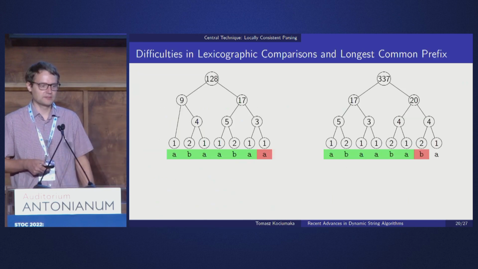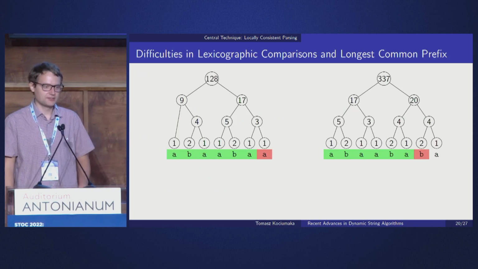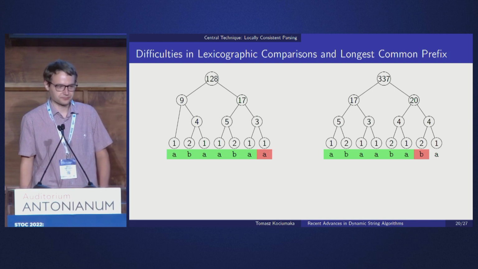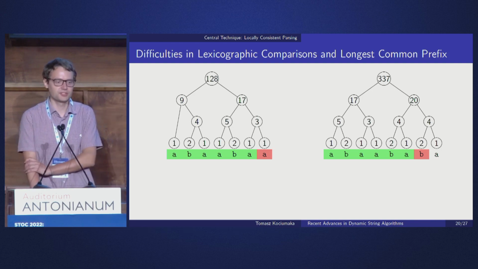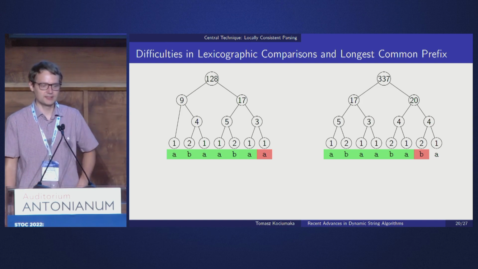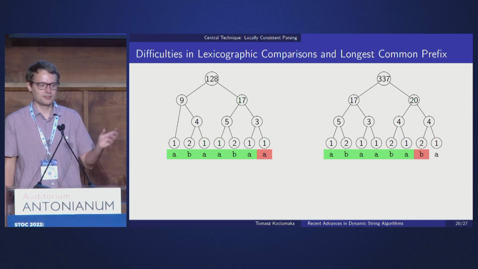So this works pretty well for equality, but already for computing the longest common prefix, we see some problems. Here you have two strings with a fairly long common prefix of length 6, but the trees on top of these strings do not share much in common. In particular, we do not have any common prefix of these trees.